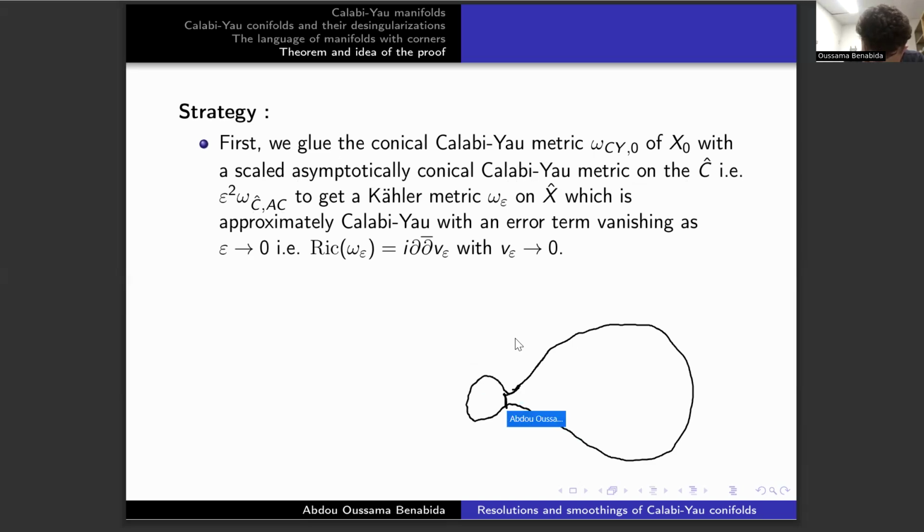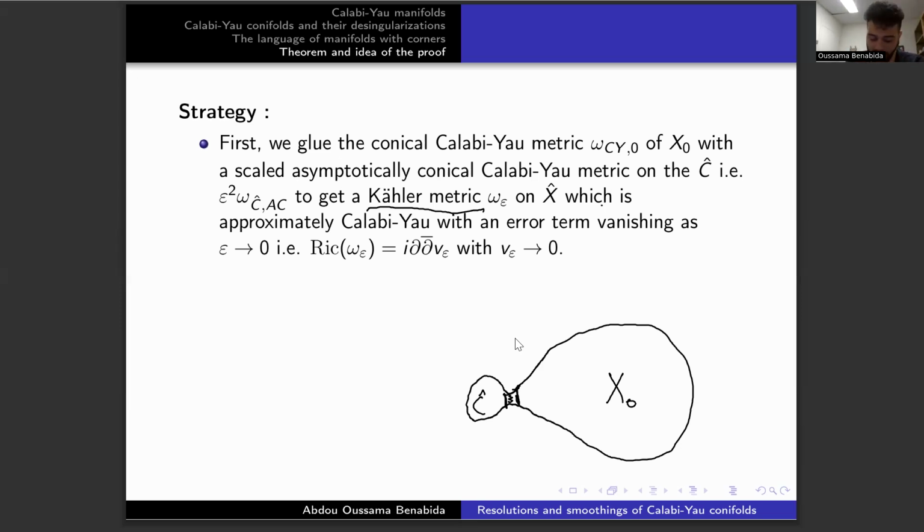And this is a gluing region. They can be glued together because the metric of x0 looks like the tip of the cone, the vertex of the cone, and this looks like the cone at infinity. After rescaling, we can glue both. And we can make sure that the gluing is made in a way such that the resultant metric is a Kähler metric. So this is not a problem. This can be done.